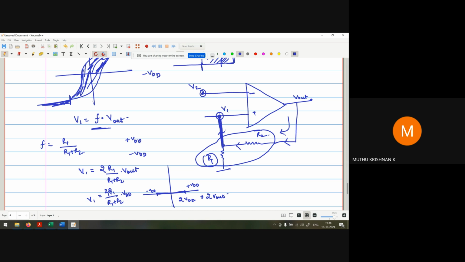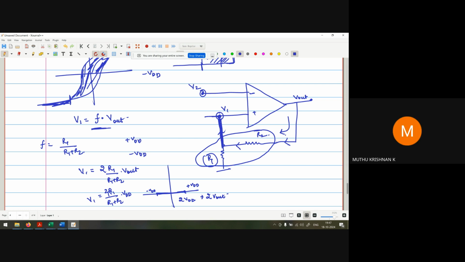Is it correct? No, no. Comparator becomes an integrator because of the RC component. No, sir, I mean comparator to Schmitt trigger. Yes, it is the hysteresis property. If you are adding the feedback circuit, it becomes an integrator.